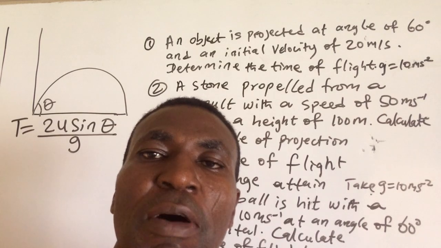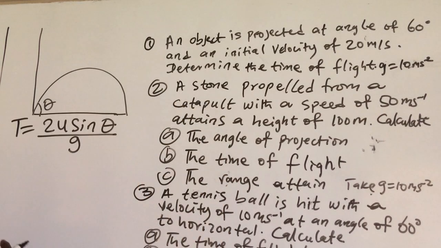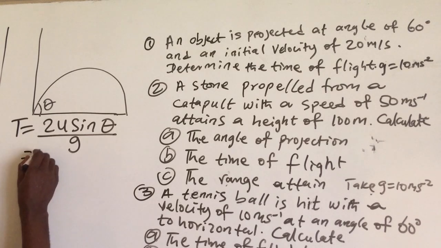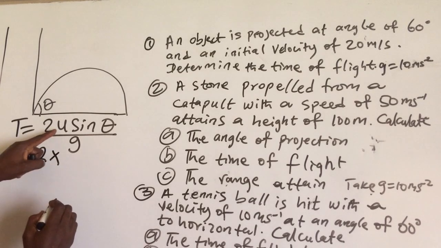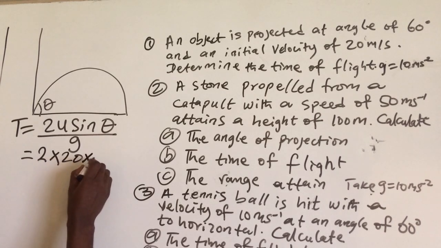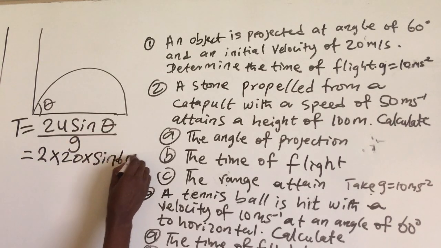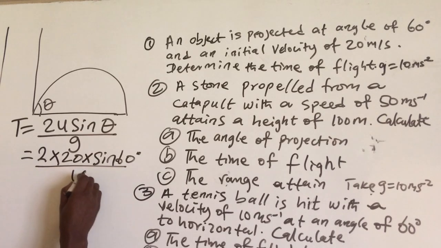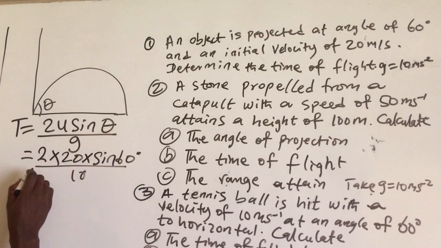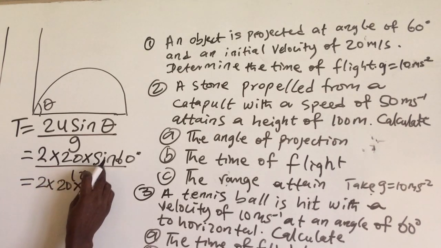Now let's fix our values in the formula on the board. Okay. Now calculating for the time of flight, we'll now say 2 times u, which is initial velocity, to be 20, times sine theta, which is 60 degrees, all over 10. Okay, then we now have 2 times 20 times sine 60.